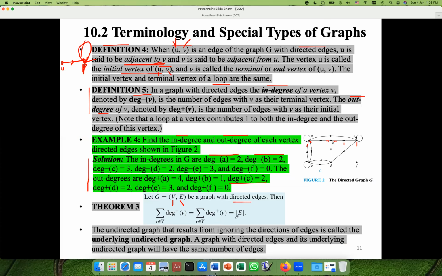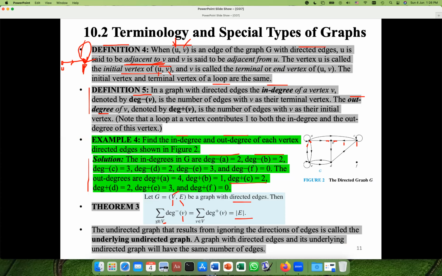That would be equal to the total number of edges in that graph. This is the statement of the theorem.